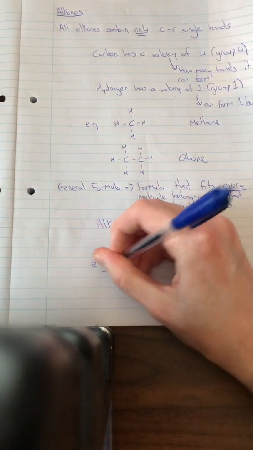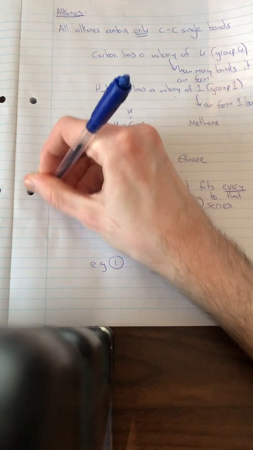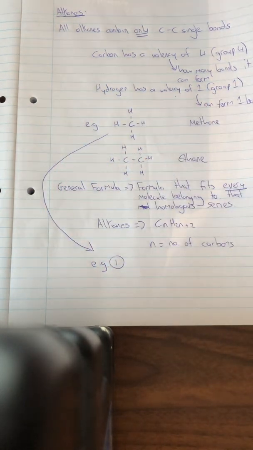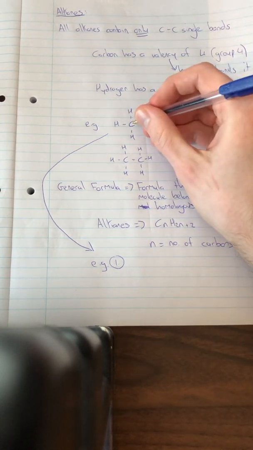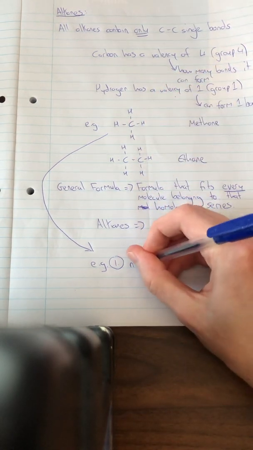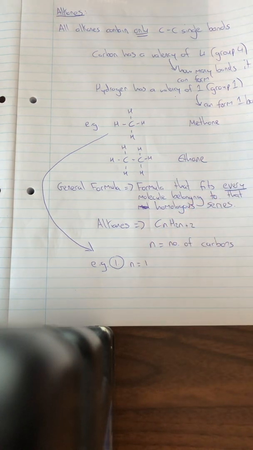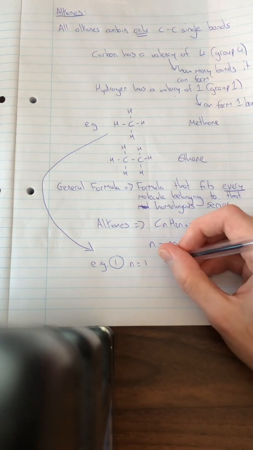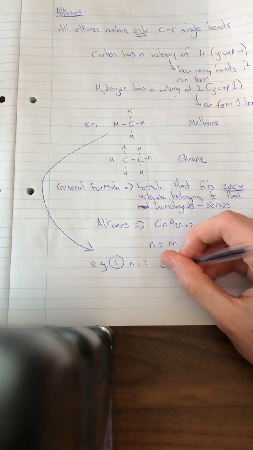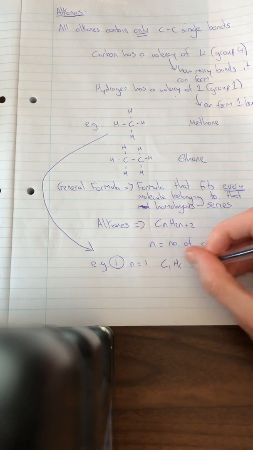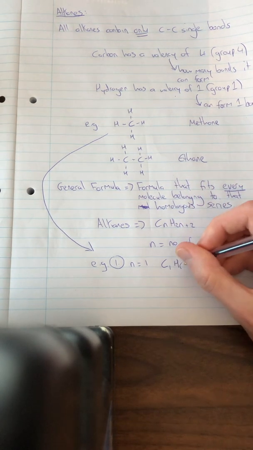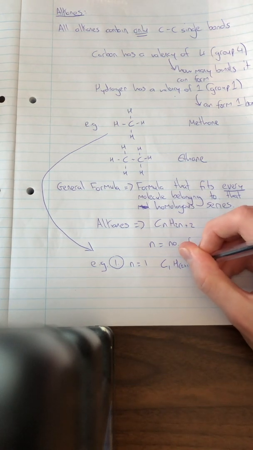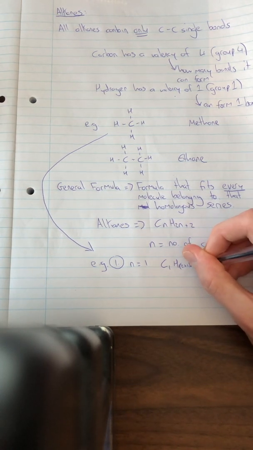So an example, if we bring that one down, in this molecule here, methane, we've got 1 carbon, so N equals 1. If we sub that in, C1H, and then this is the tricky part, 2N: a number and a letter right next to each other means times, so that would be 2 times 1, and then we add 2.